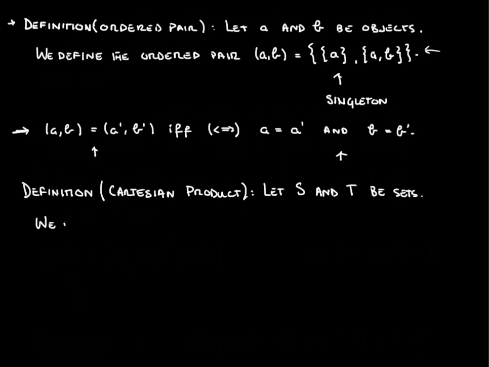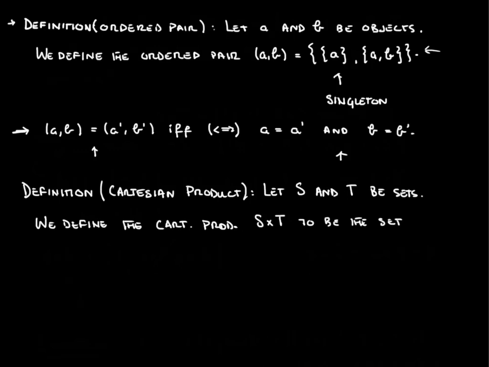Now we define the Cartesian product, S cross T, to be the set.